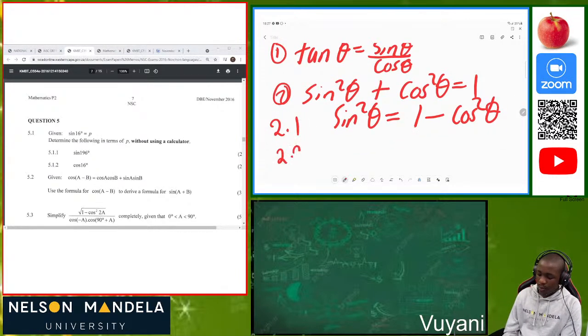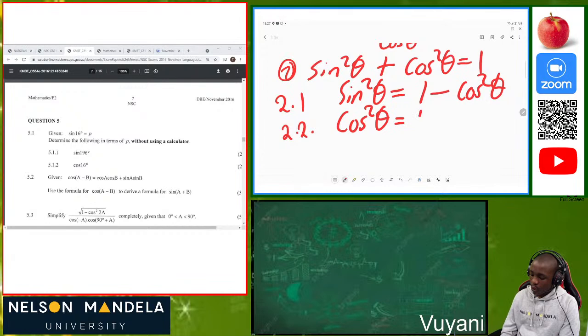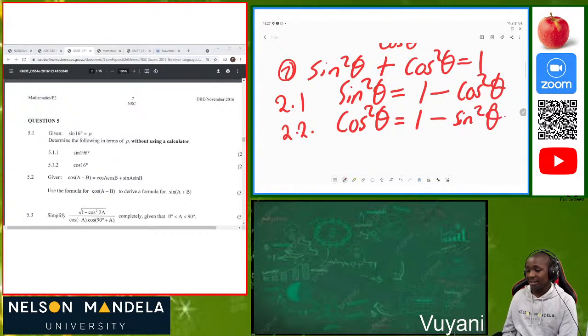Trigonometry is made easy for you. Now let's go to 2.2. When you make cos squared of theta the subject of the formula, we have cos squared of theta, which is equivalent to 1 minus sine squared of theta.